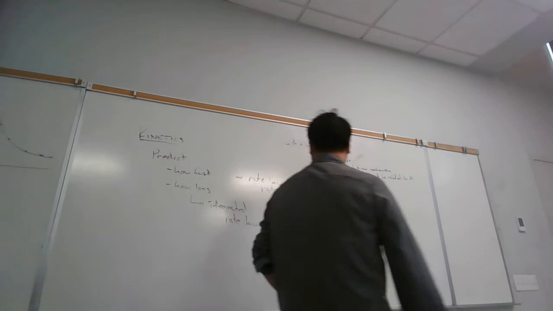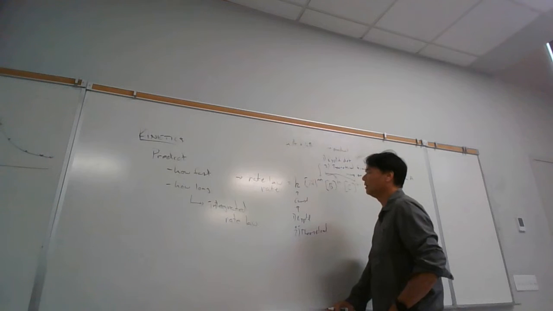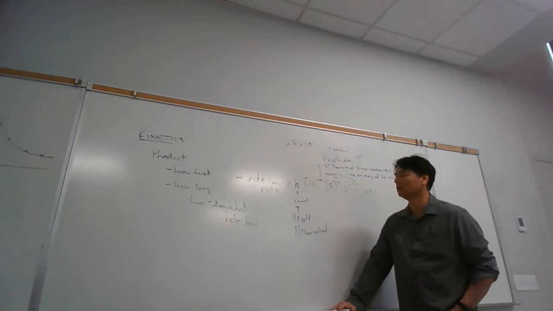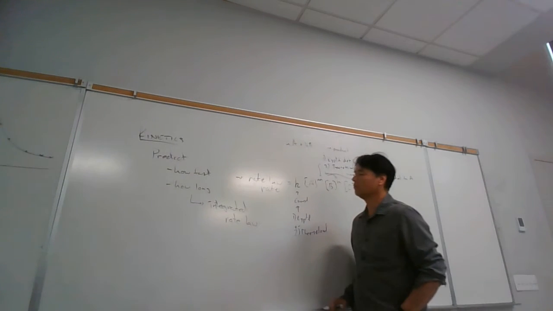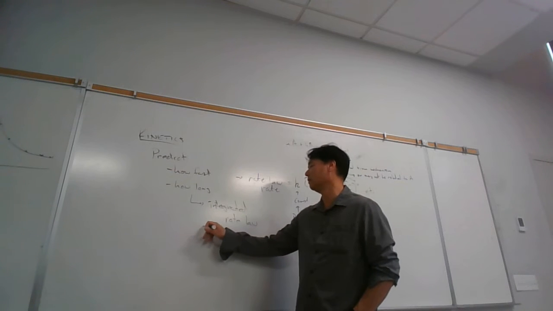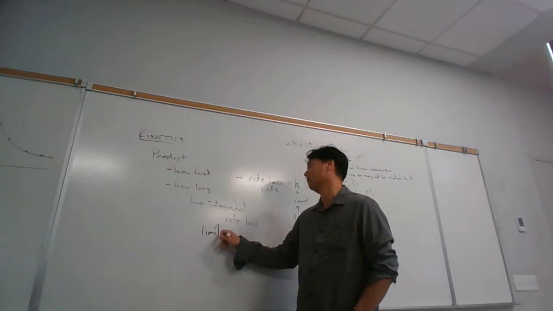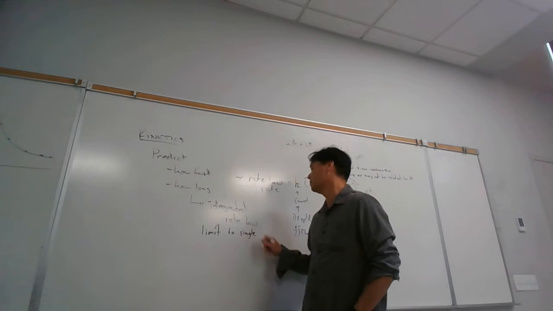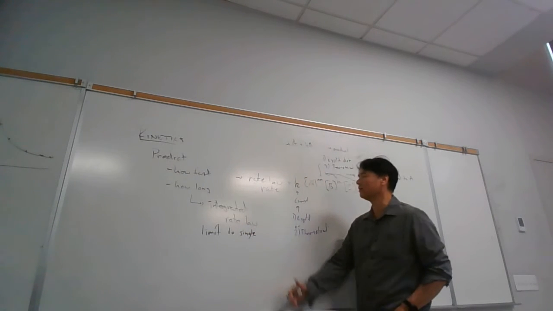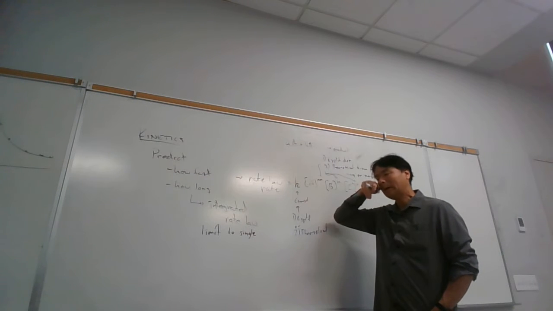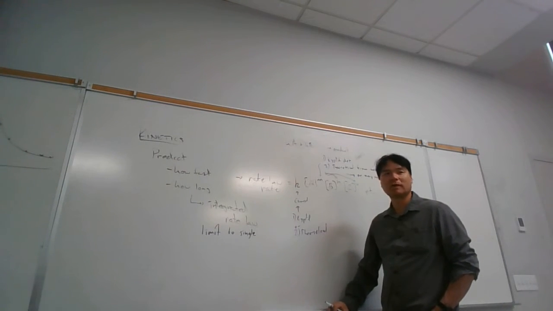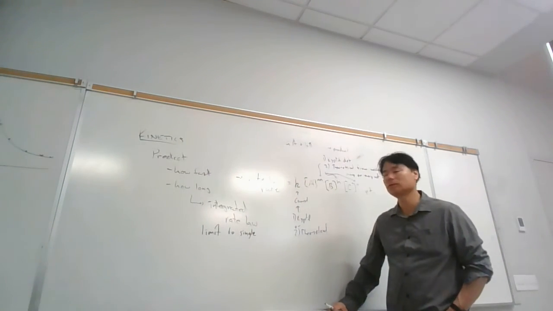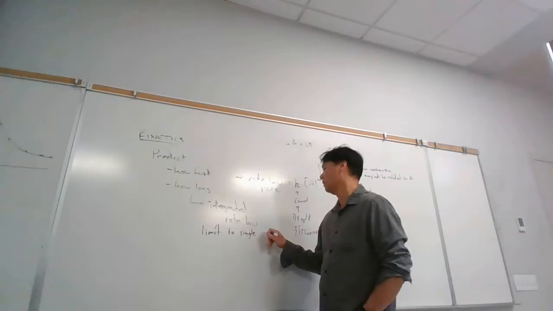The integrated rate law comes from calculus, and we're going to limit it to a single variable. What I mean by single variable is just a single reactant. If there's multiple reactants, we're not going to do that because that's beyond the scope of Chem 1B. So we're going to limit to single reactant.